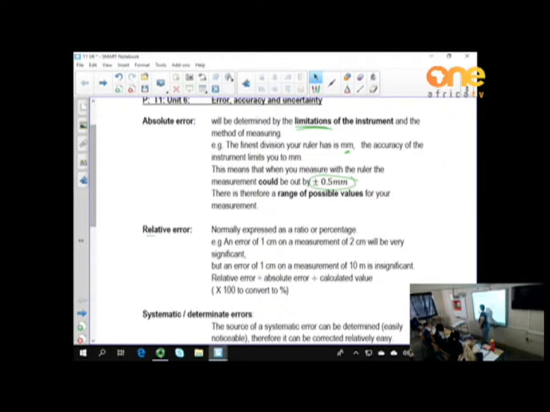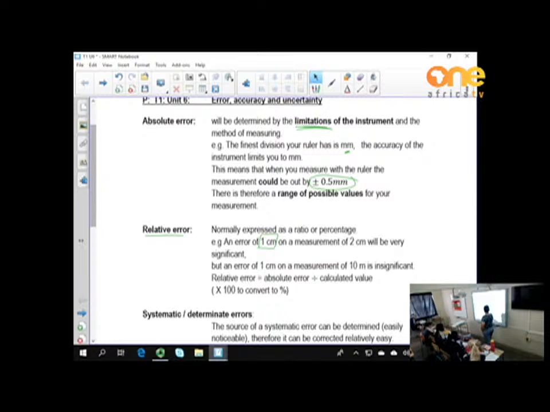A relative error, we said, is normally expressed as a ratio or a percentage. For example, an error of 1 centimeter on a 2 centimeter reading is major, it's a 50% error. But an error of 1 centimeter on 250 centimeters is almost nothing.